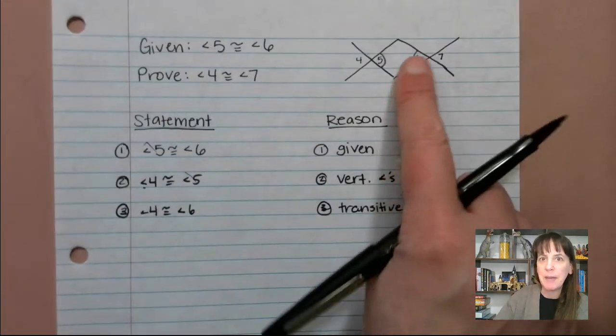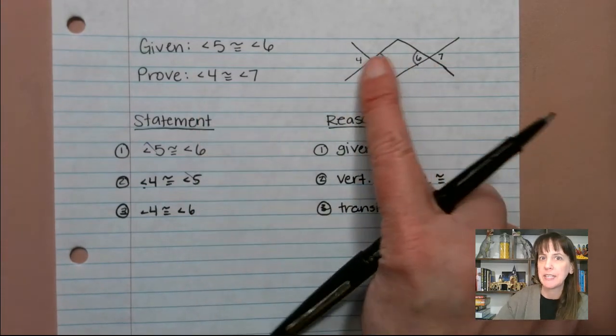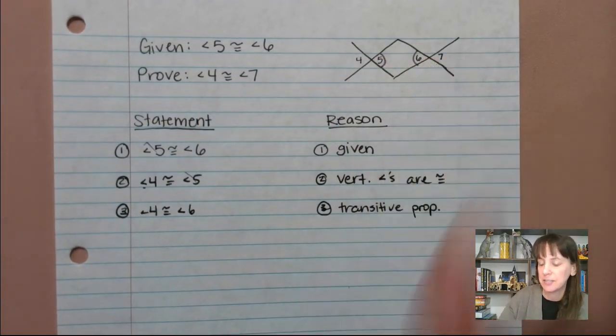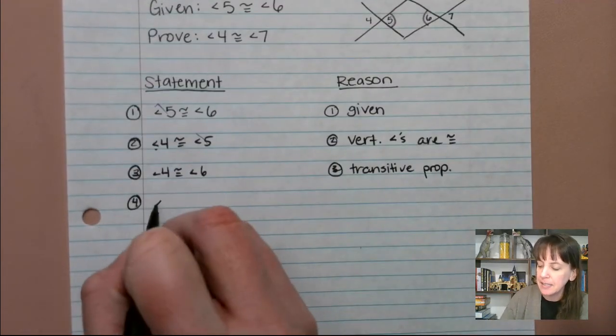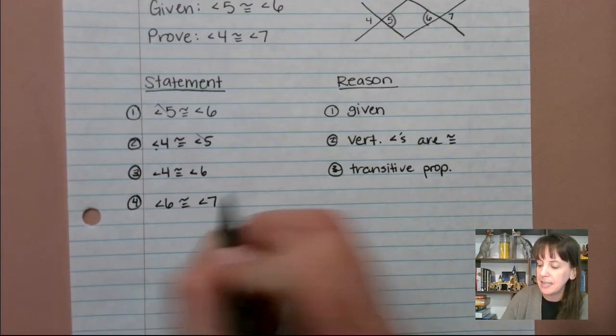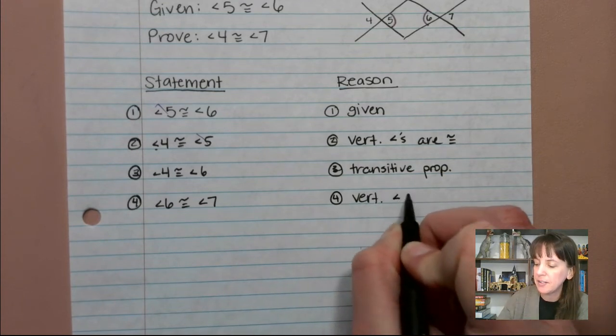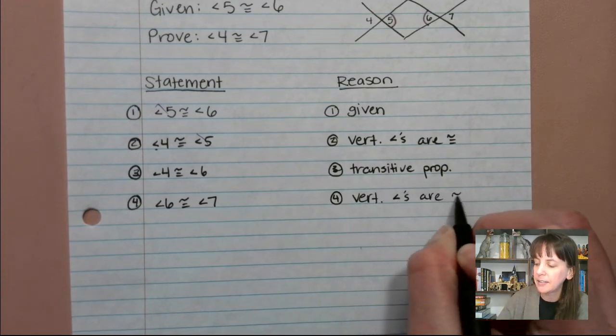Now, looking back at this, we're trying to prove angle 4 is congruent to angle 7, and I don't see angle 7 here, but what we can do is say angle 6 is congruent to angle 7, and that is because vertical angles are congruent.